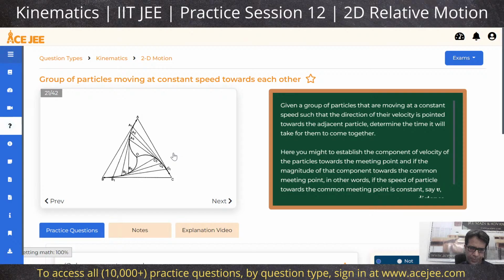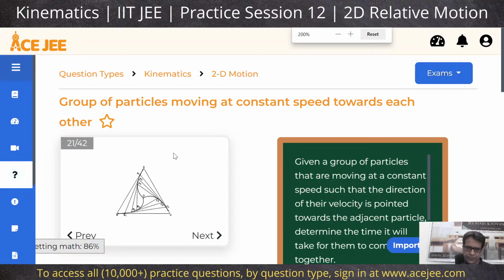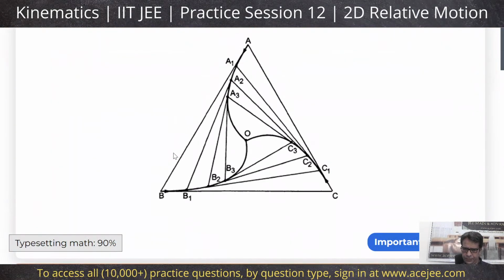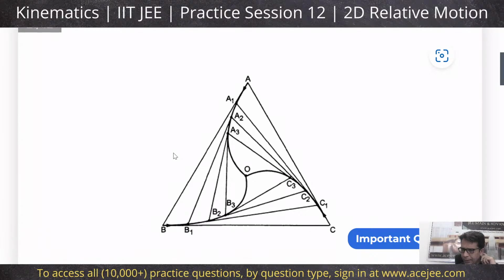So let me just zoom in a little bit. Here we have 3 particles located on the vertices of an equilateral triangle, and at any time A is moving towards B with velocity v, B is moving towards C with velocity v, and C is moving towards A with velocity v at all times.